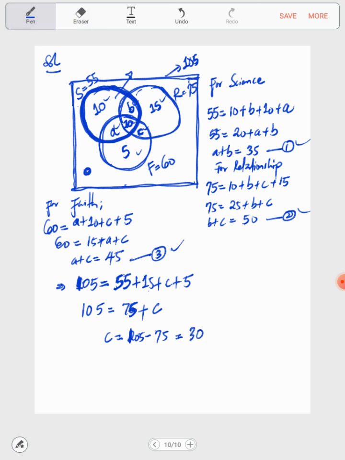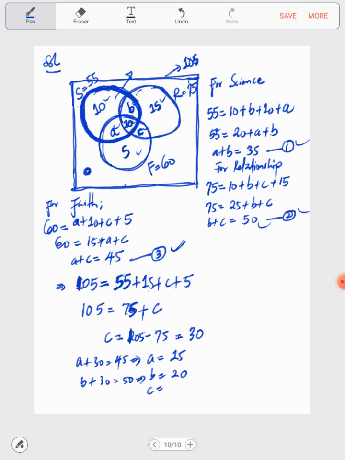If c equals 30, then from equation 3, a plus 30 equals 45, which makes a equal to 15. And if I take this equation, b plus 30 equals 50, and that makes b equal to 20.